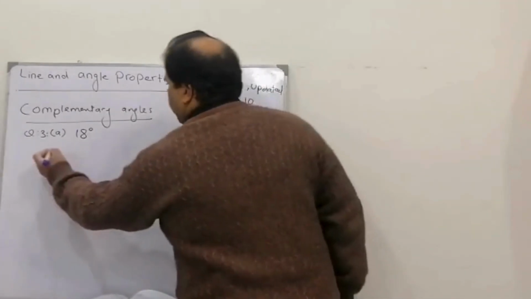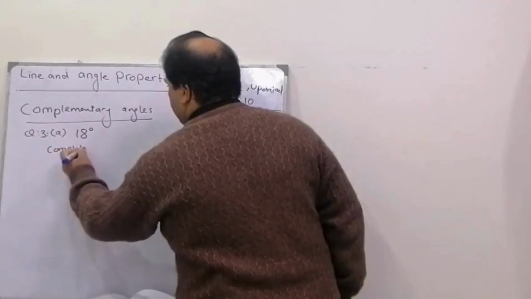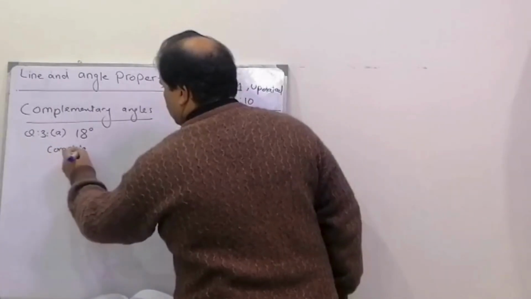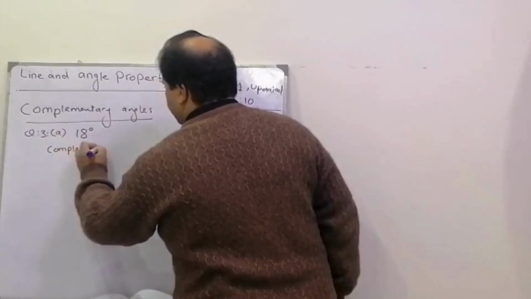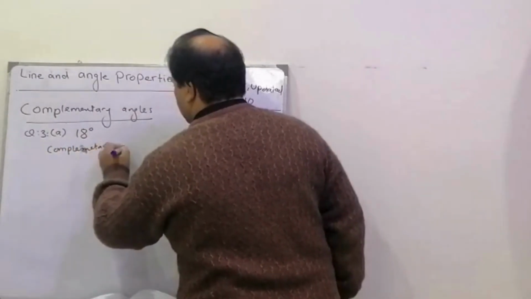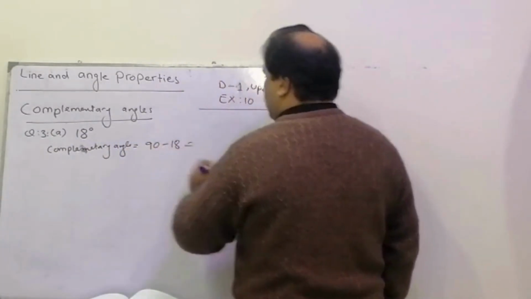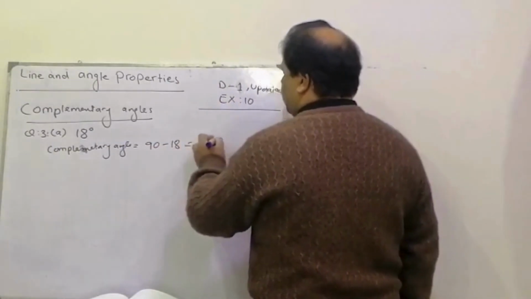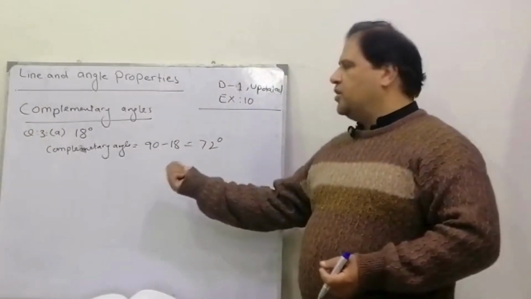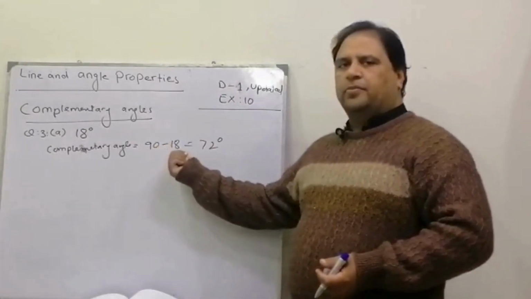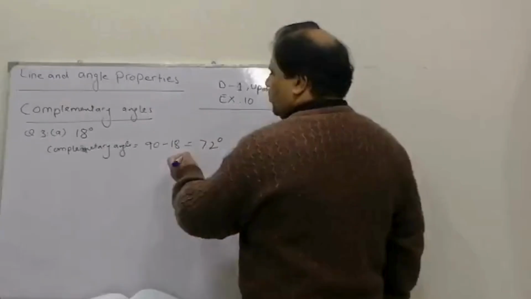If I want to find the complementary angle, I simply subtract this from 90 degrees, and we will get 72. This is the complementary angle of 18 degrees. Most students make a mistake: they first write 18 and then write 90. Please don't do this. We have to write it like this.